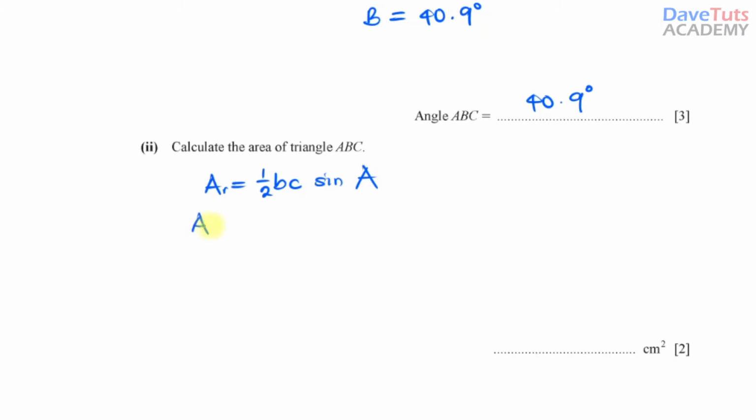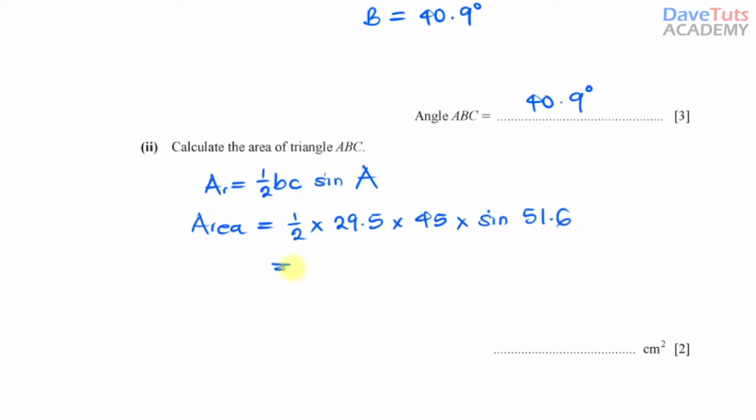So that area is going to be 1/2. B, just like we have identified now, is 29.5 centimeters. Then C is 45 centimeters. Then sine A will be sine 51.6.